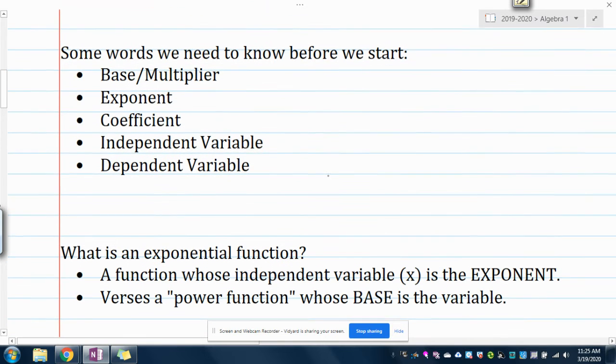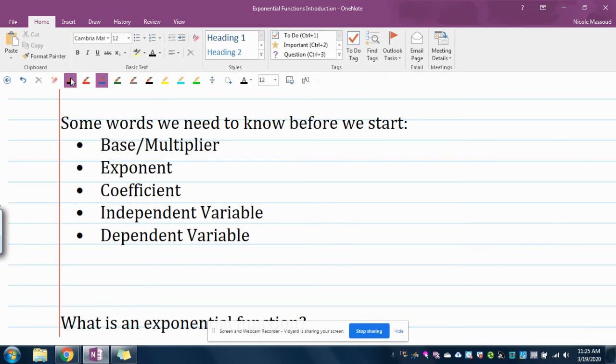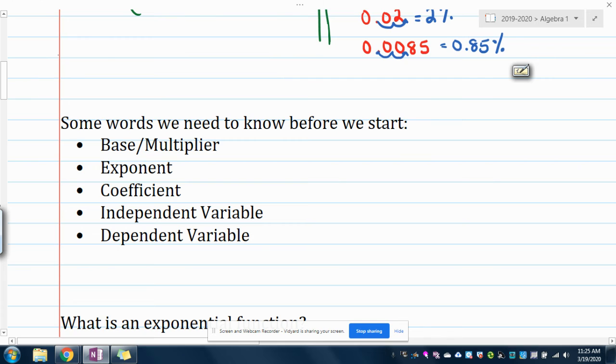Now, let's go over some words that we need to know. If I have, let's say, y equals, actually, let's just do 2 to the x.